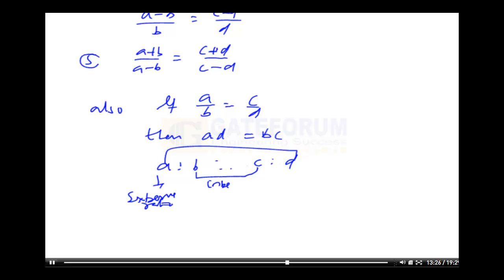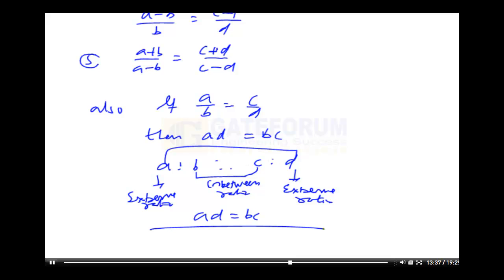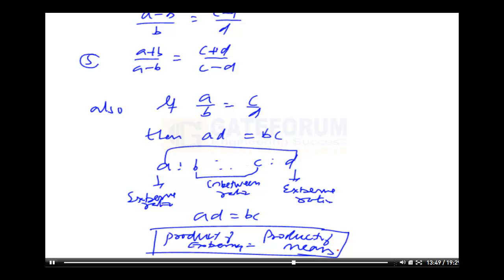B is called the in-between ratio. So AD is equal to BC should give you the well-known property which says product of extremes is equal to the product of means.